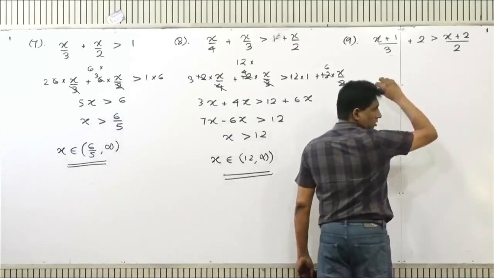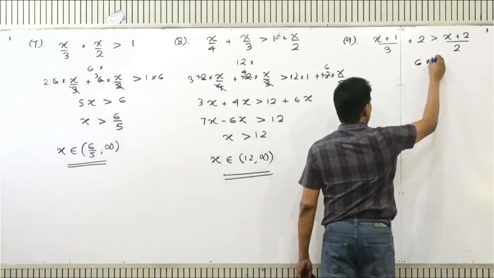Here common denominator 6, no? So we have to multiply by 6.